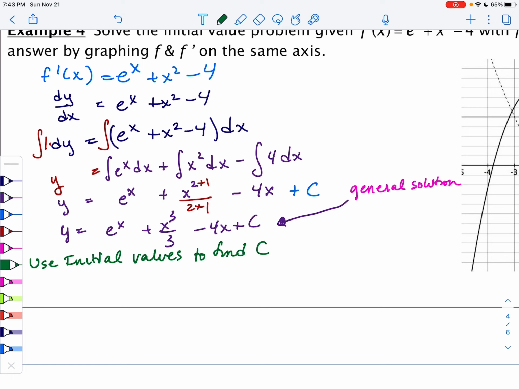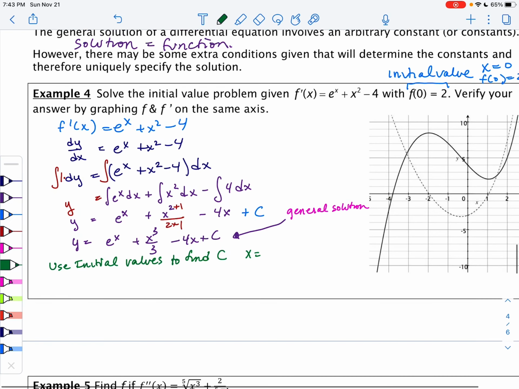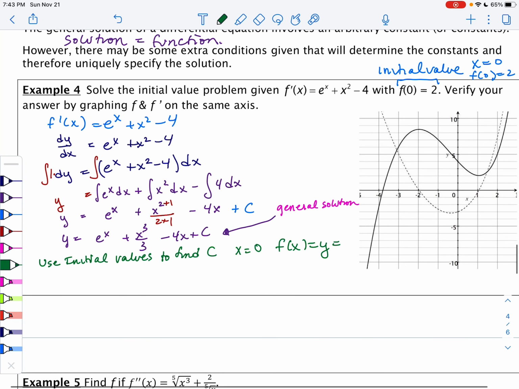And so we have when x is equal to 0, f of x, which is y, is equal to 2. So we're going to substitute the value of 2 here, and we're going to substitute the value of 0 everywhere in the expression and solve for c.